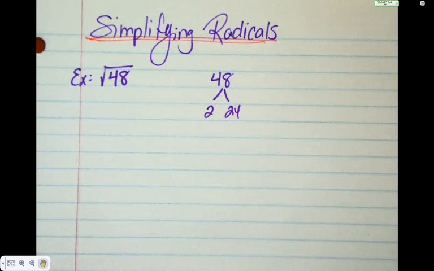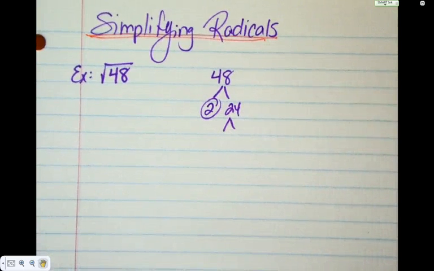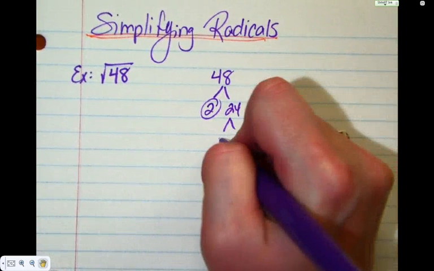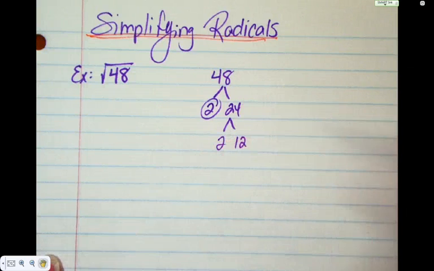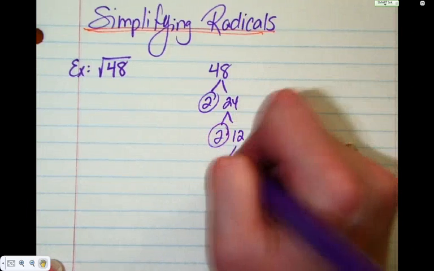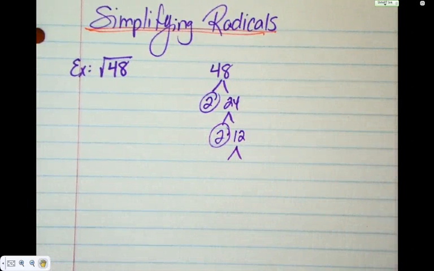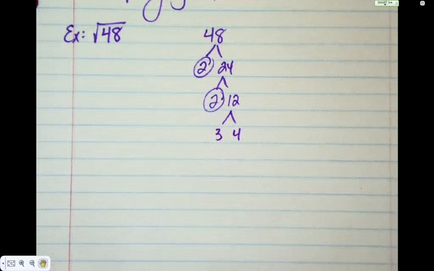Are either of those prime? 2. Two numbers that multiply to give us 24. 2 and 12. Either of those prime? Two numbers that multiply to give us 12. Either of those prime?